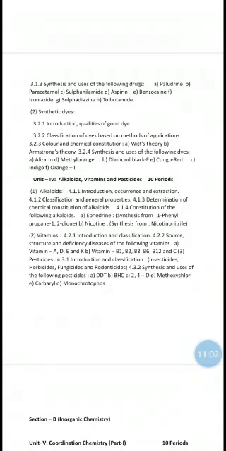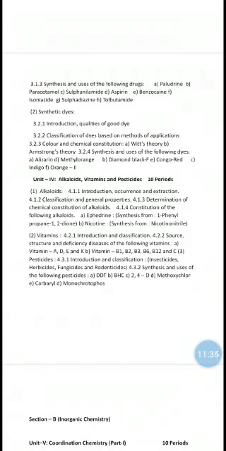So, in vitamins, we are going to see classification, sources, and role of various vitamins. And these include B complex, A, D, E, and K. The vitamin B complex constitutes B1, B2, B3, B4, B6, and B12.